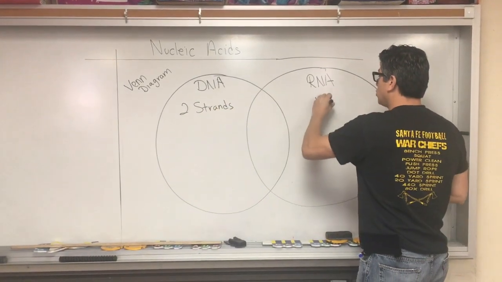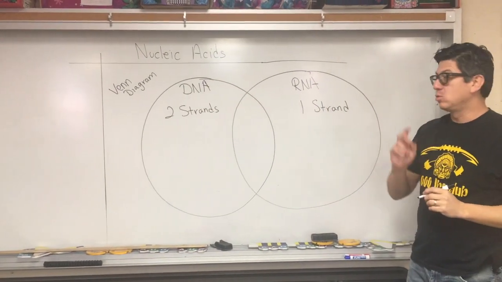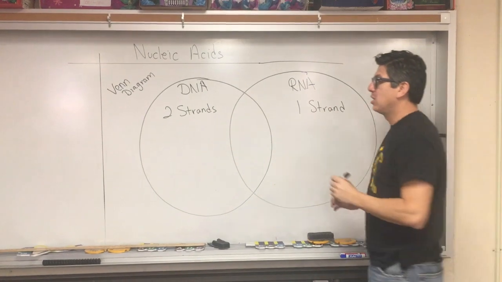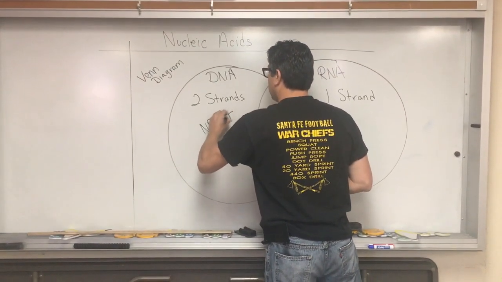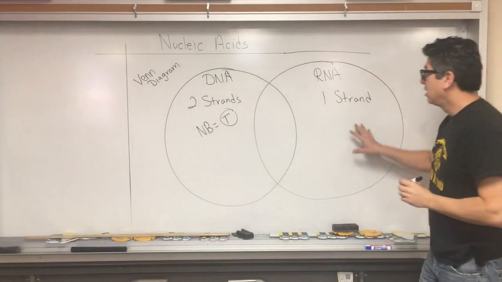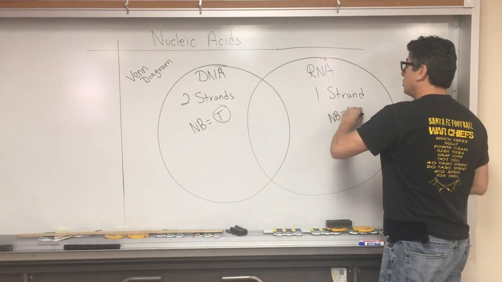RNA, one strand. Very important. Number two, DNA uses the nitrogenous base thymine in its nucleotides. RNA uses the nitrogenous base uracil.